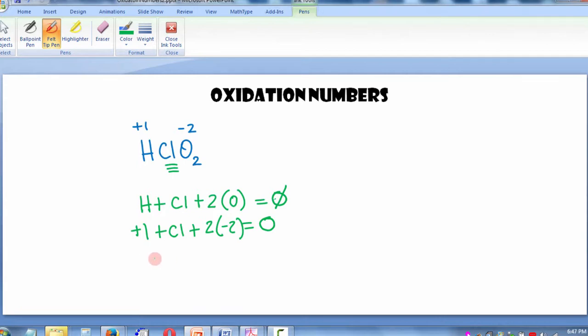Now, so we have chlorine plus a minus 2 plus 1 gives us a minus 3 must equal 0. And when we solve for the oxidation state of chlorine, we say chlorine must equal a plus 3.